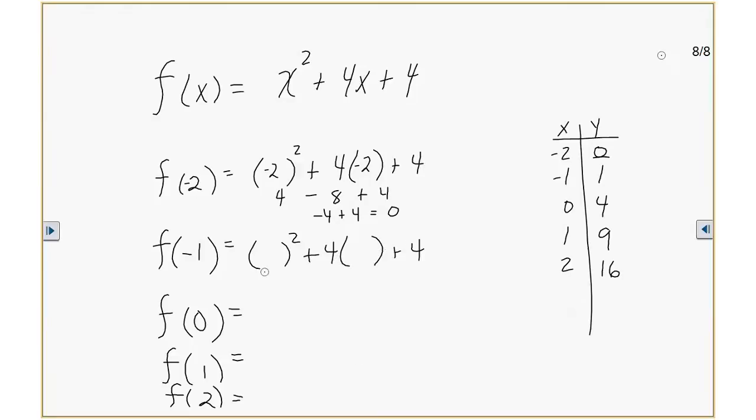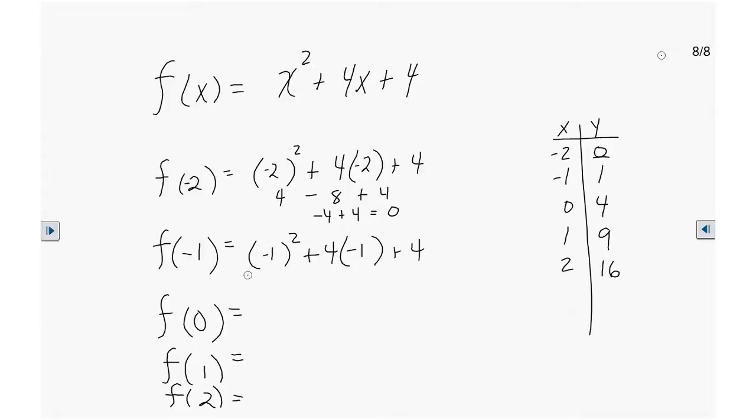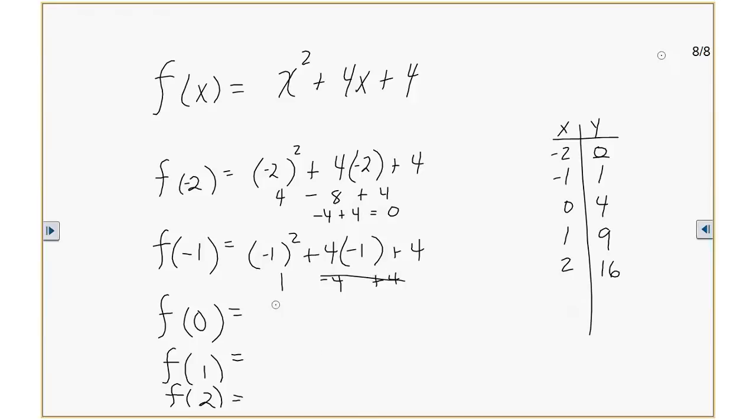Plug in negative 1. Negative 1 squared is 1. Minus 4 plus 4 is what? 1. 0. Parentheses squared plus 4 times parentheses plus 4. What happens to the zeros? Left with 4.